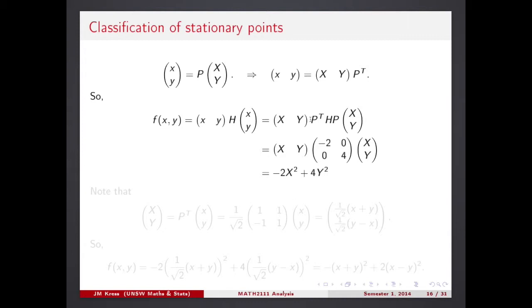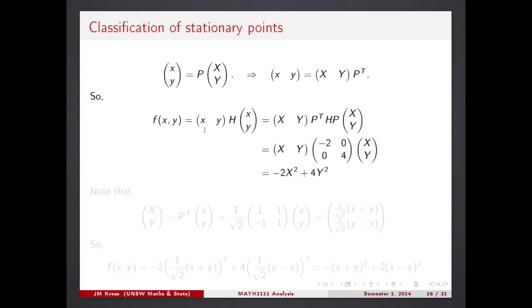Well, it's actually done a little bit differently, the other way around. It is suggested that we make a substitution, capital X, capital Y, which has this link to little x and little y via the P matrix. If you transpose the whole identity, that's how you end up with that sort of relation for the row vectors.